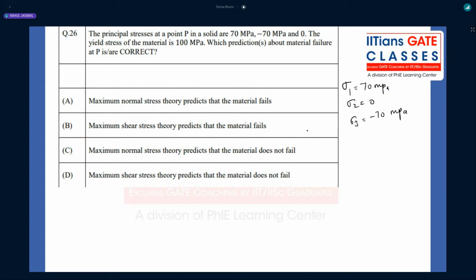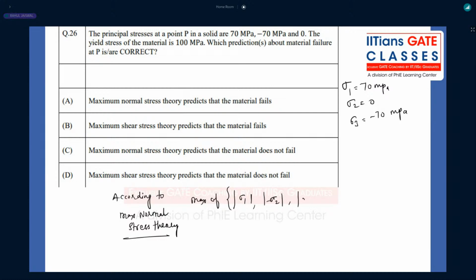So, according to the maximum normal stress theory, the maximum of mod sigma 1, mod sigma 2, mod sigma 3, if any of these three values exceeds the sigma yield value, then we say the material fails.